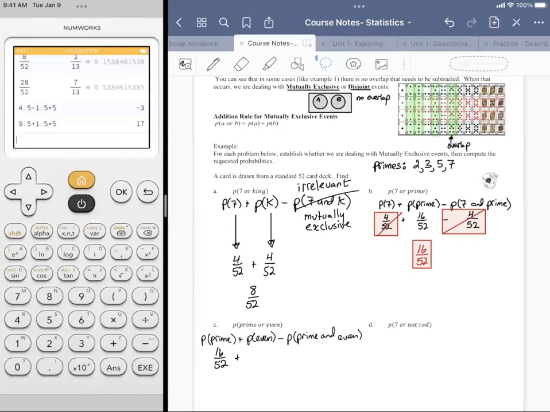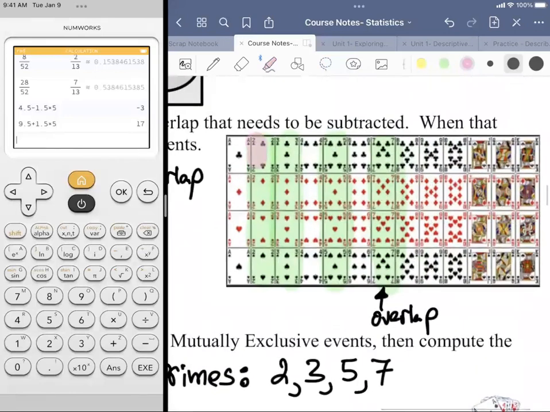Then I would want to look at my even numbers. All right, so let me get a purple involved or whatever that color is. So here's an even one. Here's even, and even.